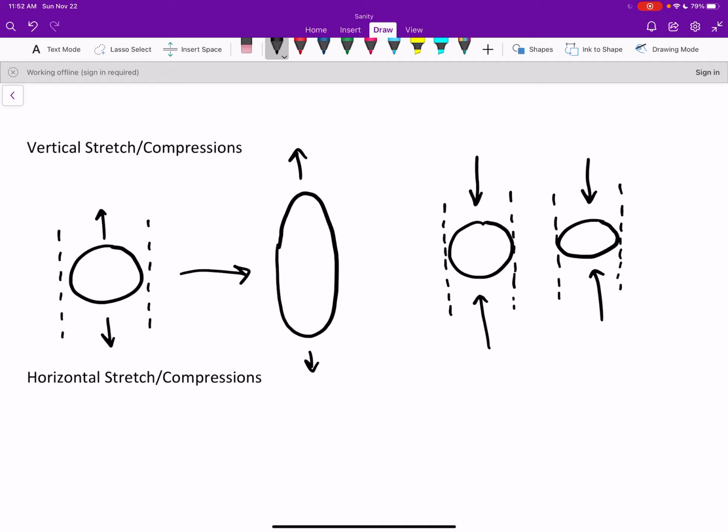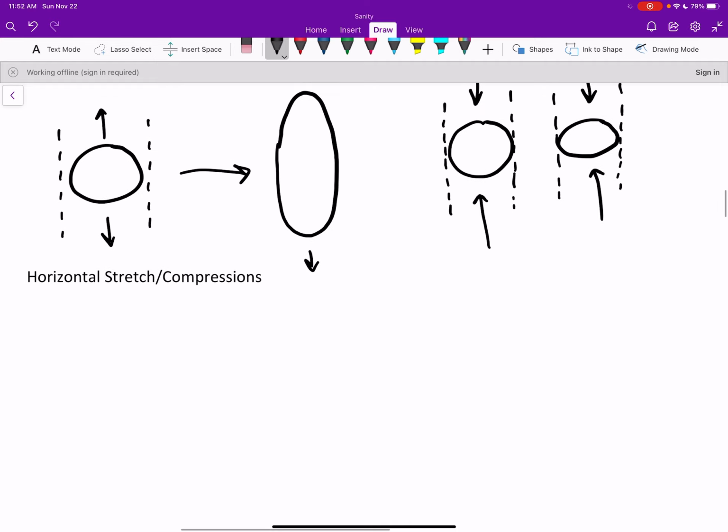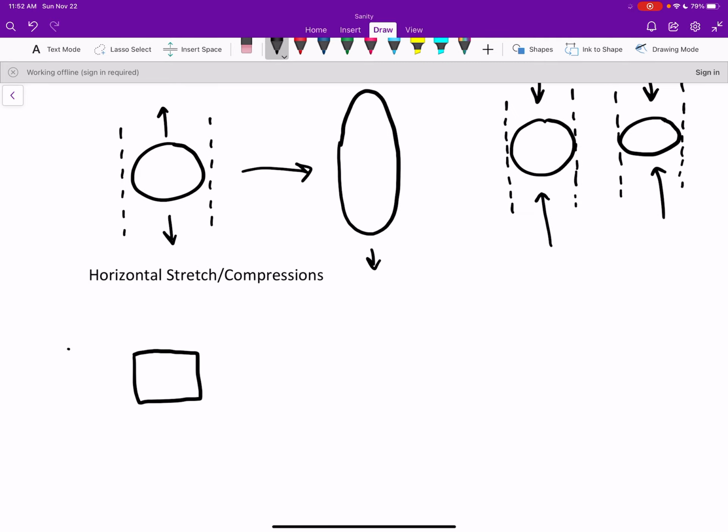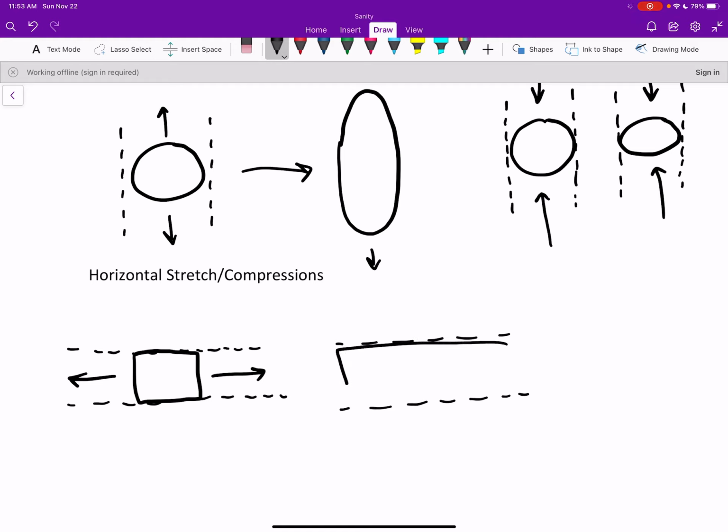Same thing with horizontal stretch and compression. I'll do a square this time. If I wanted to stretch this horizontally, well, the vertical distance, the height of this thing, isn't going to change, but everything is going to get stretched out this way. So while that height didn't change, my square kind of ended up being a rectangle because everything got stretched out to the side.